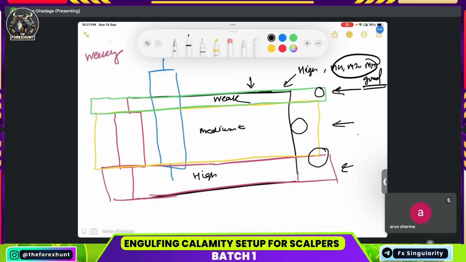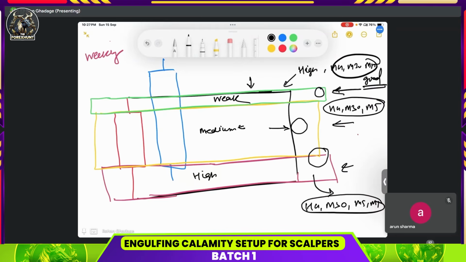If the market forms H4 engulfing buy in this area, we will focus on H4, M30, M5. If the market is coming into the zone, what will we do? H4, M30, M5, M1. Is it clear, guys? This is a combination, three combinations only.